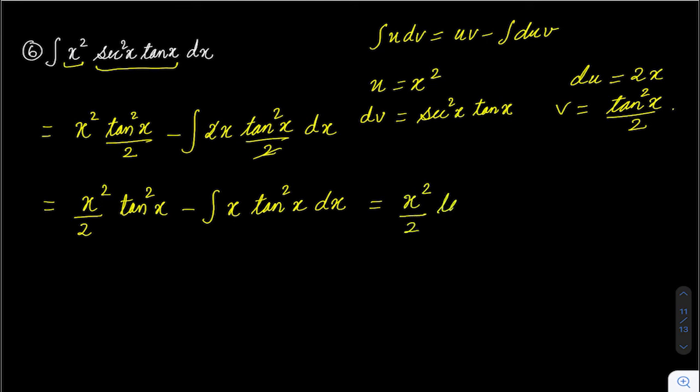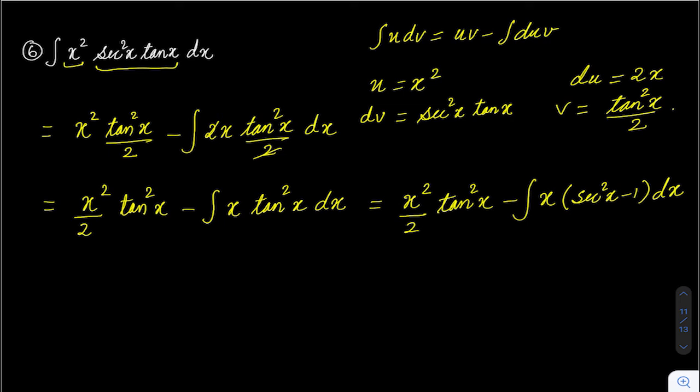So this will remain the same. And in the integration, instead of tan square x, I can write secant square x minus 1. Now again, why am I doing this? Because I know x times secant square x will be my one integration and x into minus 1 will be my second integration. And the purpose of doing this is that secant square x integration I know, which will make it a little more simple.